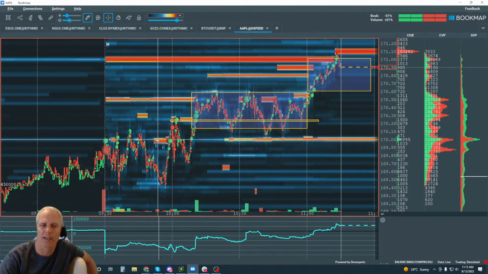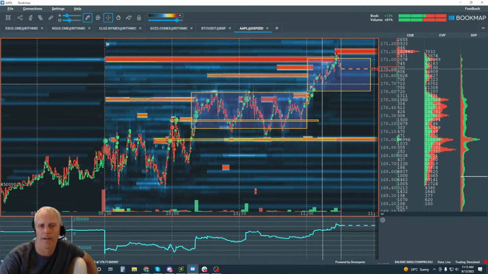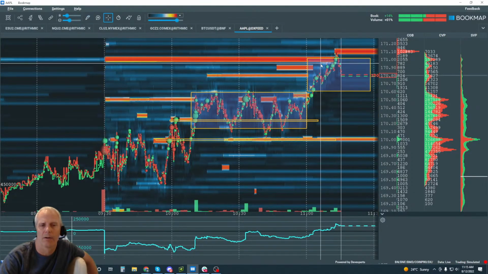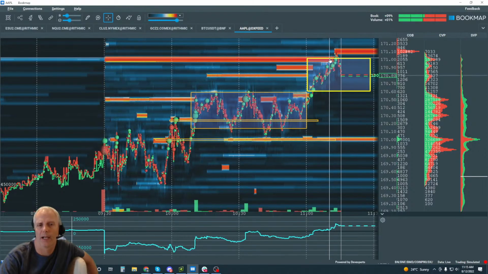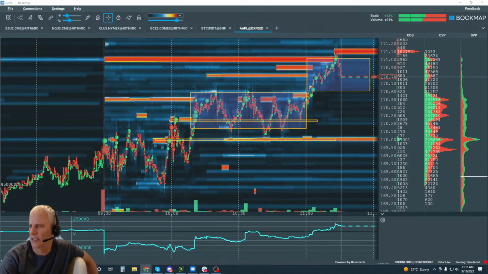Maybe it breaks and retests down to the point of control and then accepts higher, right? So here's your test into 71. And there you go. There's your longer term high liquidity that acted as an attractor for the buyers to come to. And that should be helpful for you to understand the distinction.